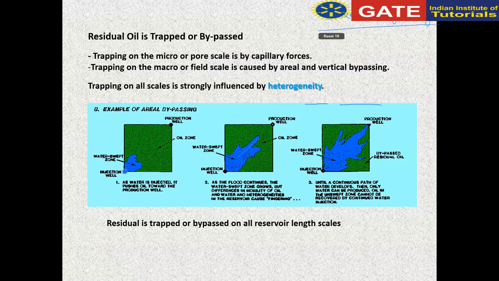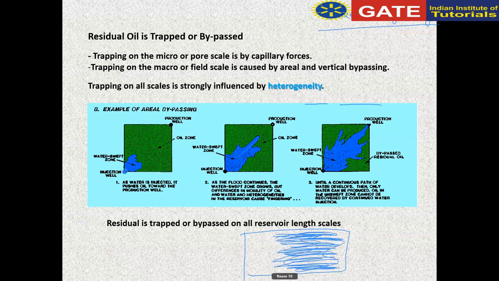So what happens in viscous fingering? If this is your reservoir, your oil will be filled in it. Oil will be more viscous than your water. This is your production well, and this is your injection well.